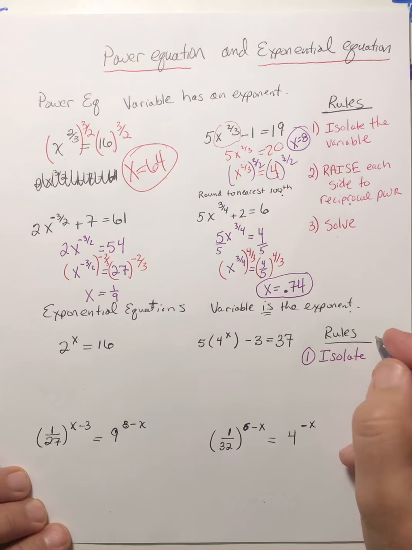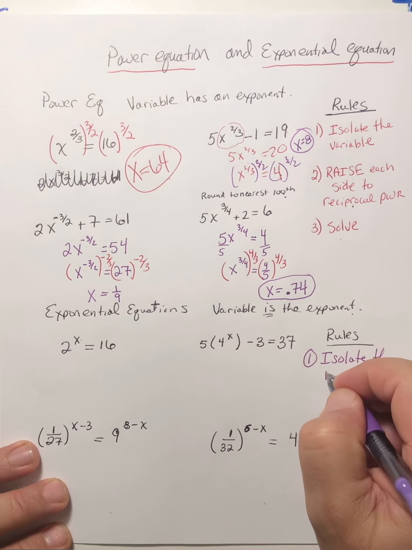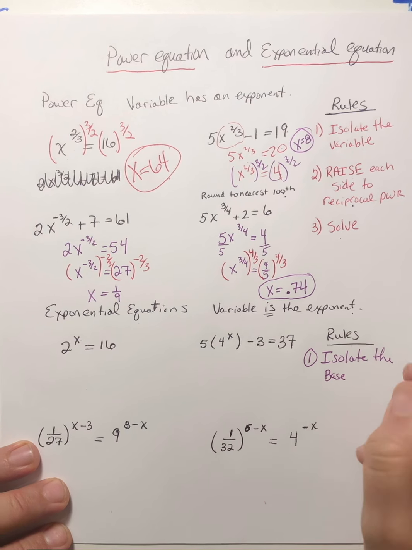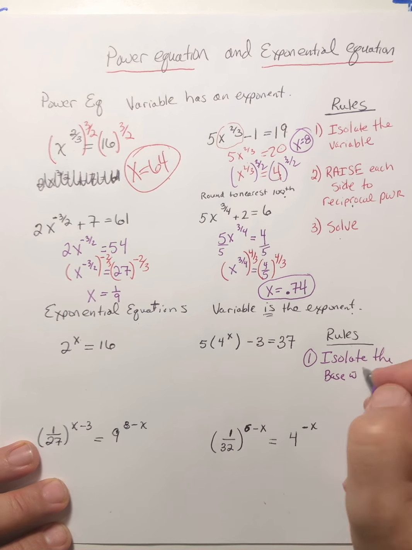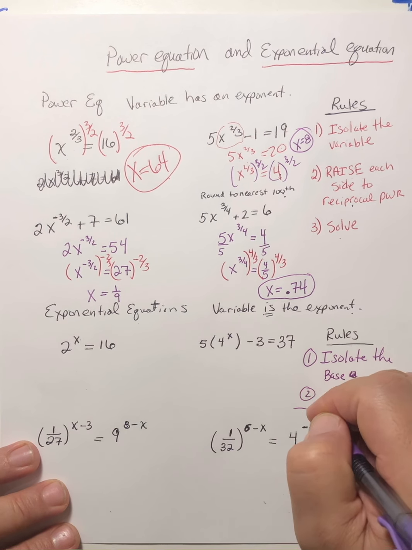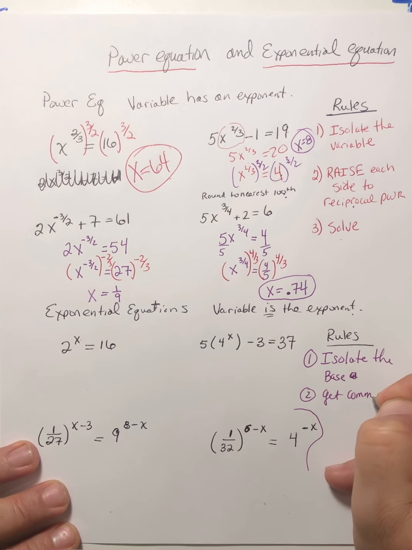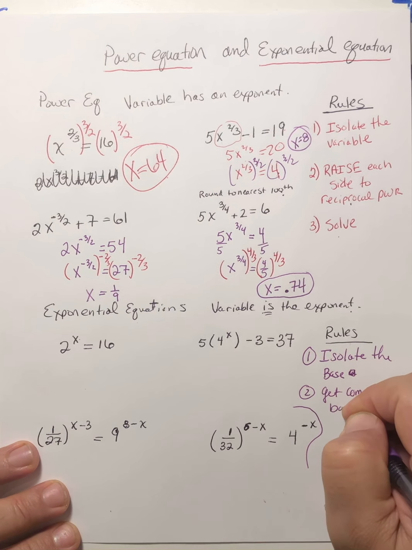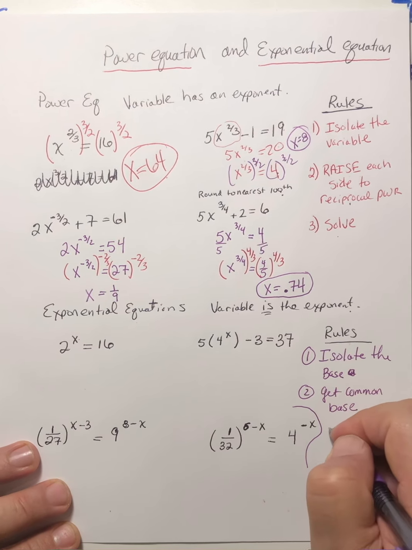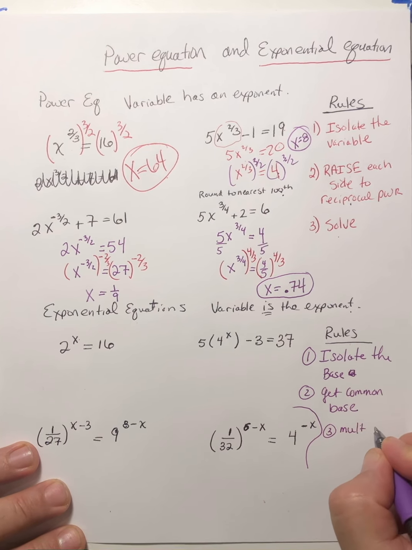Isolate the base. Well, it's actually just the base. 2, in these problems, we're going to be able to get a common base. And then once we have a common base, multiply exponents.